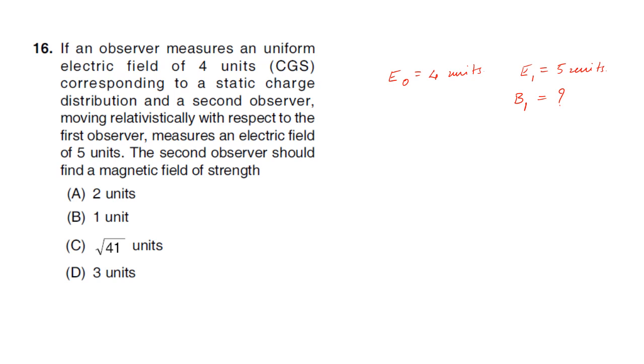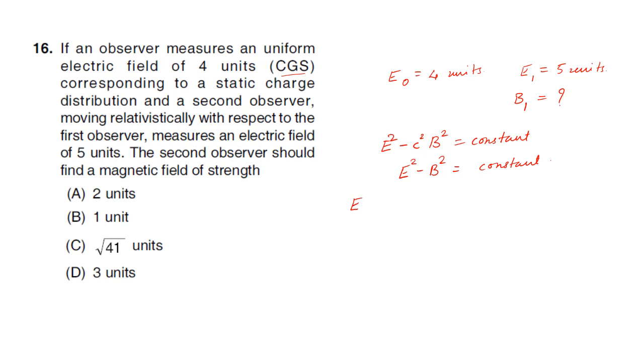So according to relativistic theory, E square minus C square B square is invariant. Since it is in CGS unit, we can write it as E square minus B square is constant.